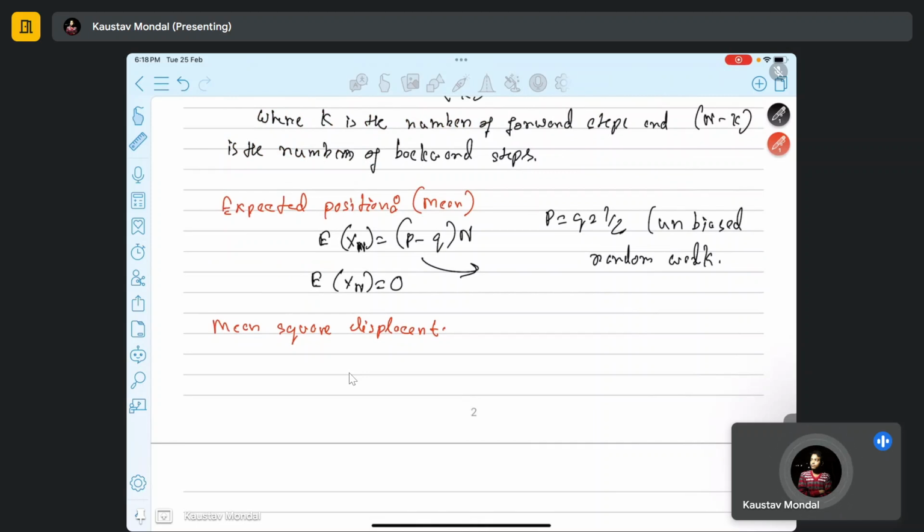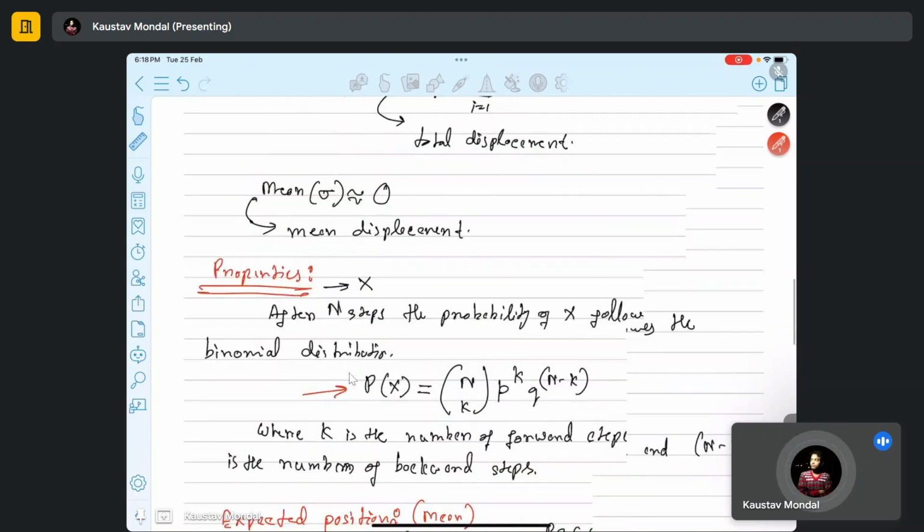So if you calculate the mean square displacement of this 1D random walk, that means you take the mean of the square of each displacement, and that value would be simply n. Okay, so this is the mean square displacement.